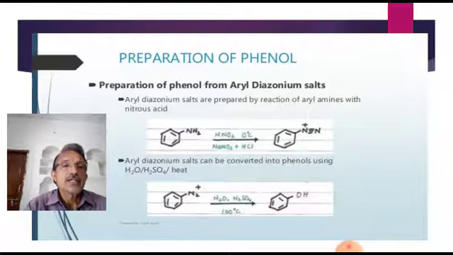The reacting species is HNO2. Therefore, we get benzene diazonium salt. In the second step, benzene diazonium salt is hydrolyzed to give phenol. Benzene diazonium salt on treating with H2O in the presence of H2SO4 at about 100 degrees centigrade gives phenol.